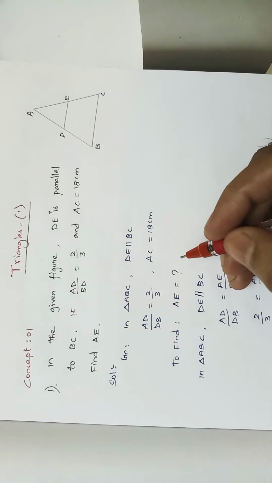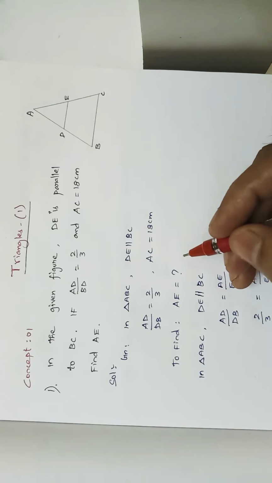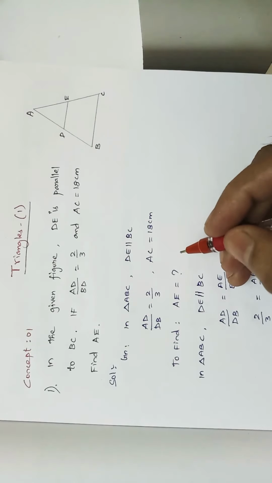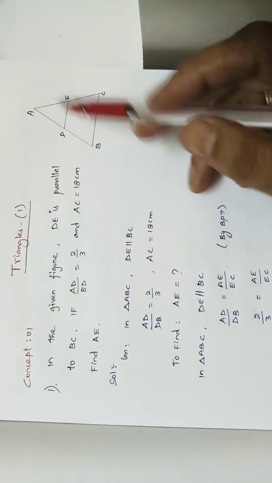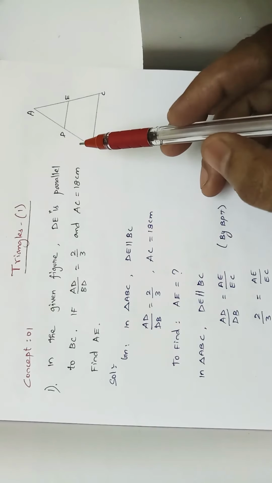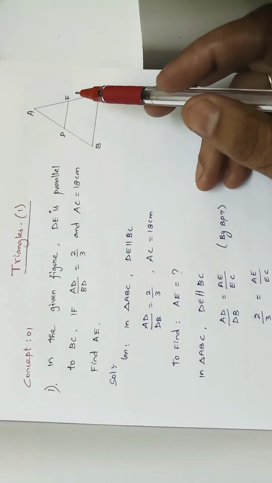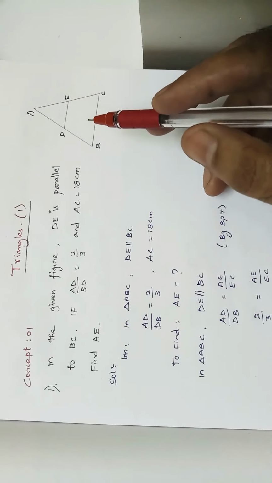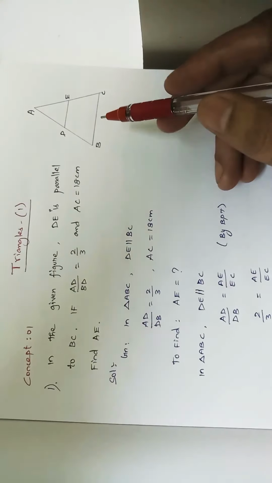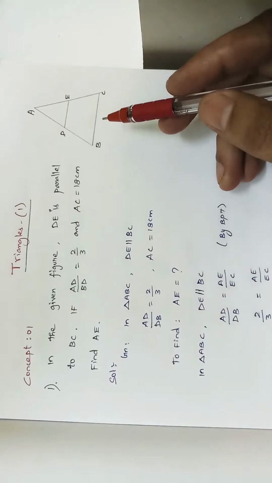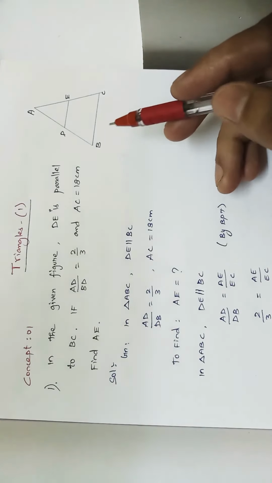So first we will recall the statement of BPT, basic proportionality theorem, right? In a triangle, if a line is drawn parallel to any one side of a triangle, then the other two sides are divided in the same ratio.